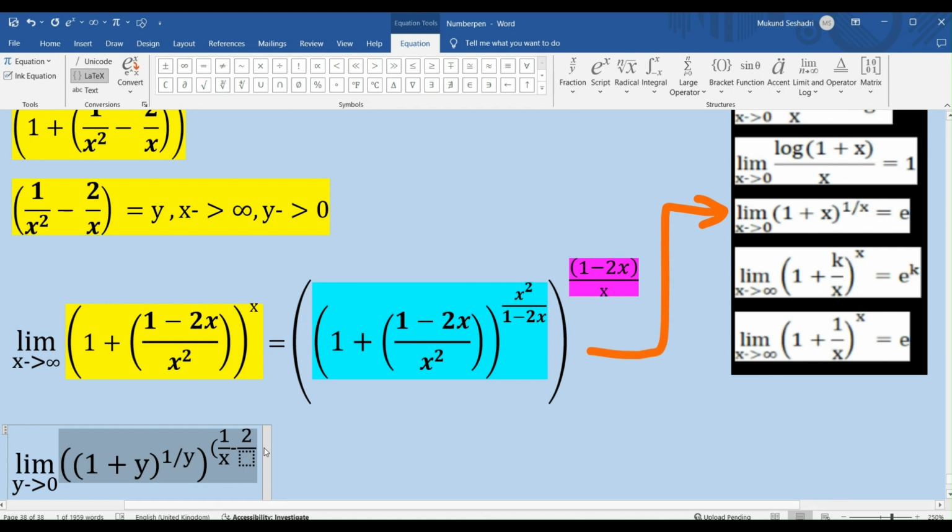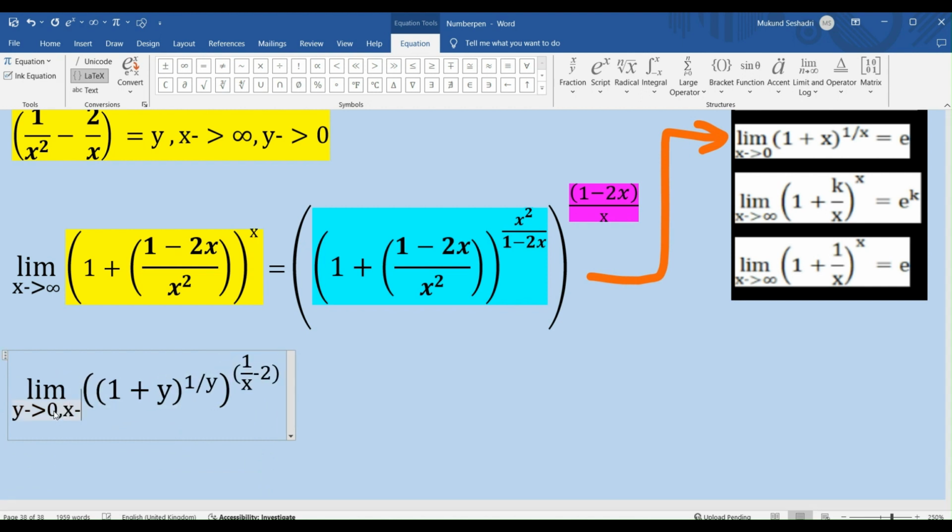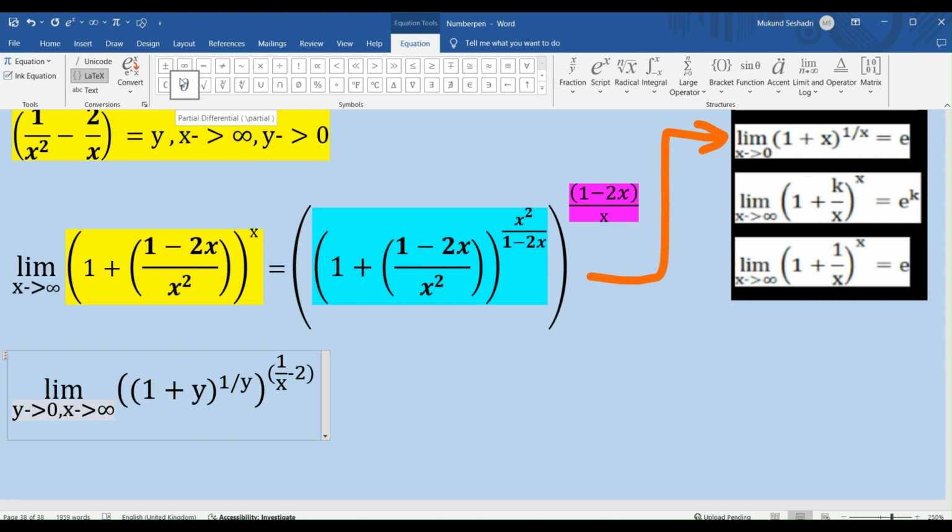So let's call it 2, with x extending to infinity. And remember, folks, the y is only for substitution, for you folks to relate it to the formula, which is (1 plus x) the whole power 1 by x when x tends to 0. But otherwise, it's not necessary that you represent everything in the form of y. It's solely for the purpose of understanding.